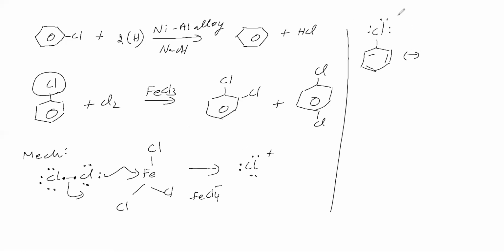Now we can say this lone pair comes to this place, this pi bond comes to this place, therefore Cl gets a positive charge here. Like this, a resonance structure is possible. Here a negative charge is possible. Next resonance structure we'll see.